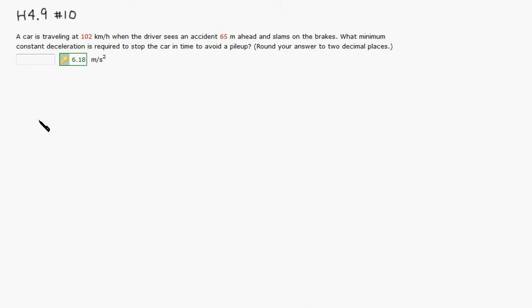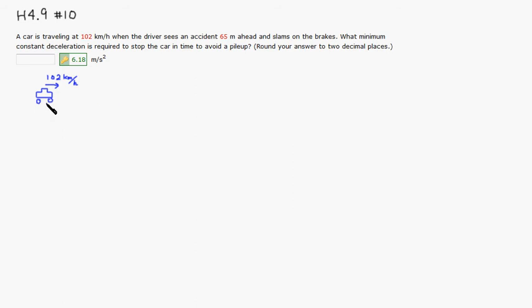Okay, let's look at homework 4.9, number 10. Right, so you have a car that is traveling at 102 kilometers per hour, right?